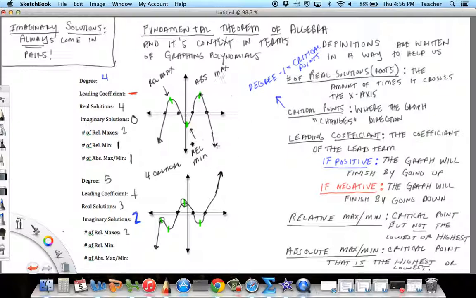So there's high points all the way up here that these guys aren't the highest peak. What about relative minimums? I have a relative minimum right here and right here. So that's 2 relative minimums. But do I have any absolute minimums? I do not, because this goes on forever in this direction. And so we have 0 absolute maximums or minimums.